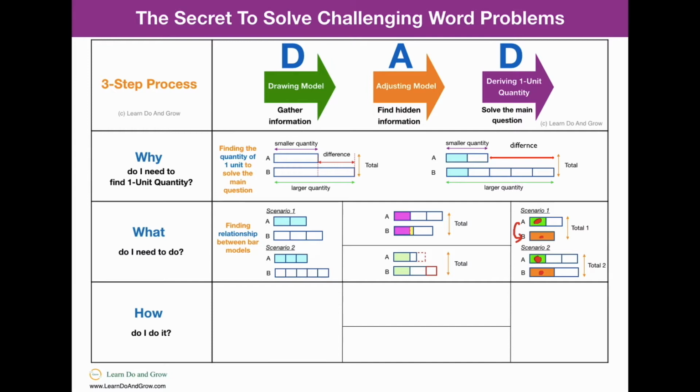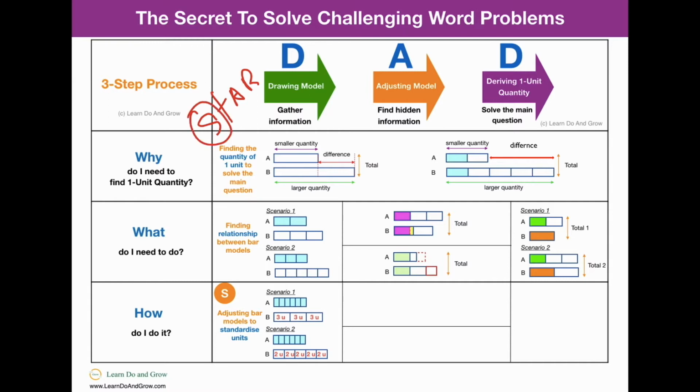So how do I do that? For this type, we use S, the standardizing unit. Remember what STAR starts with? S is over here. In this case, what we can observe is the relationship between the bar models is over here, and over here.